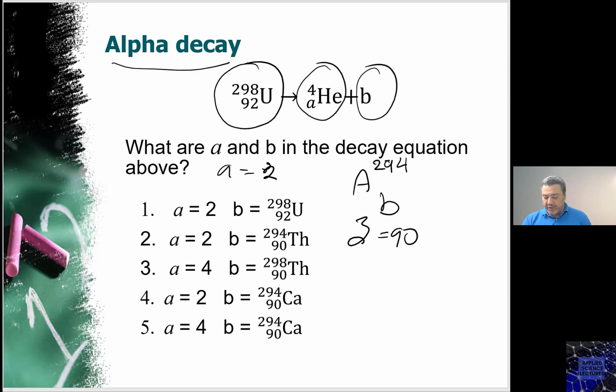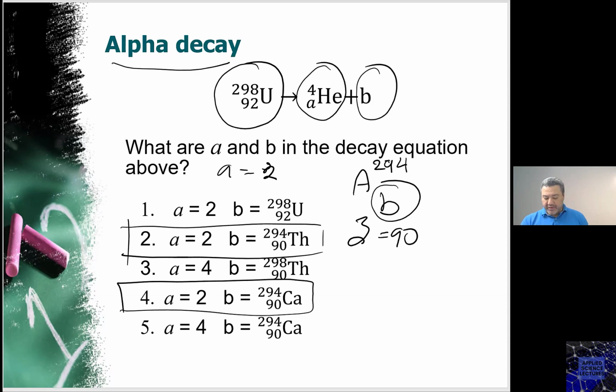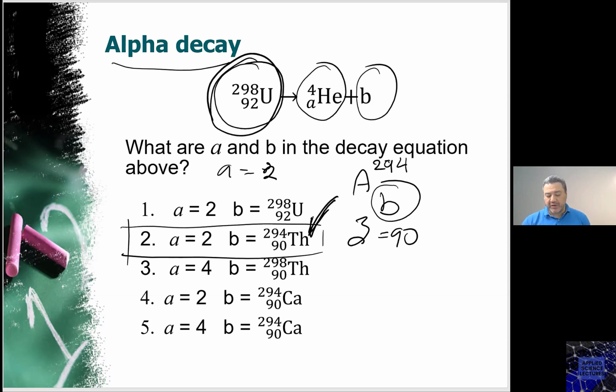So now B, which nucleus is that? I have 294 and 90 with 2 here. And I have 294 and 90 with 2A here. However, here I have thorium and here I have calcium. Then definitely the thorium is the nucleus that will be the daughter nucleus from the decay that's happening in uranium.